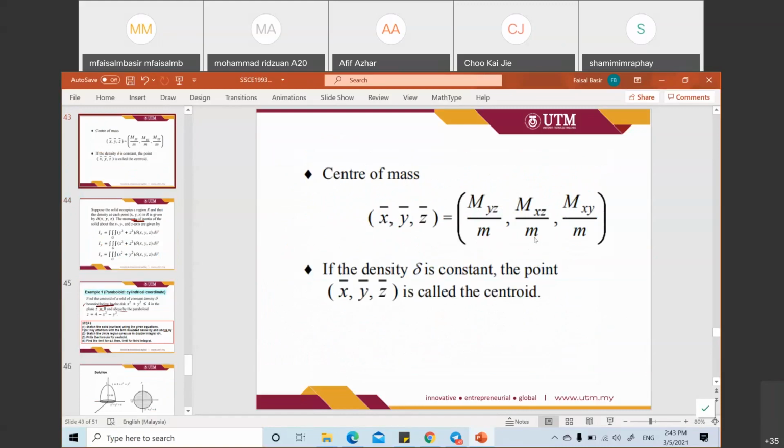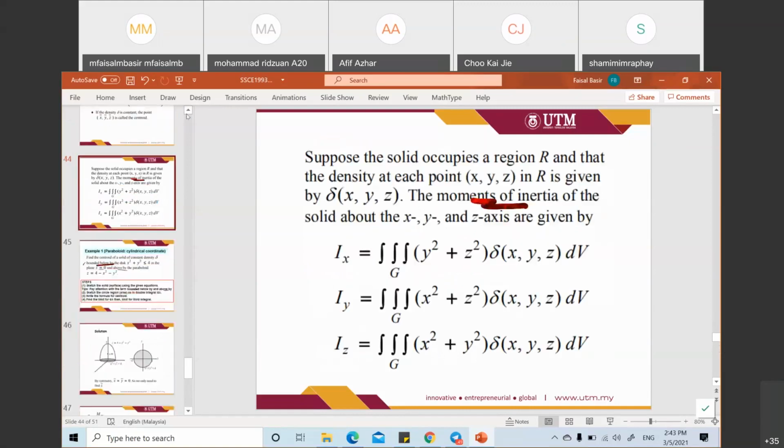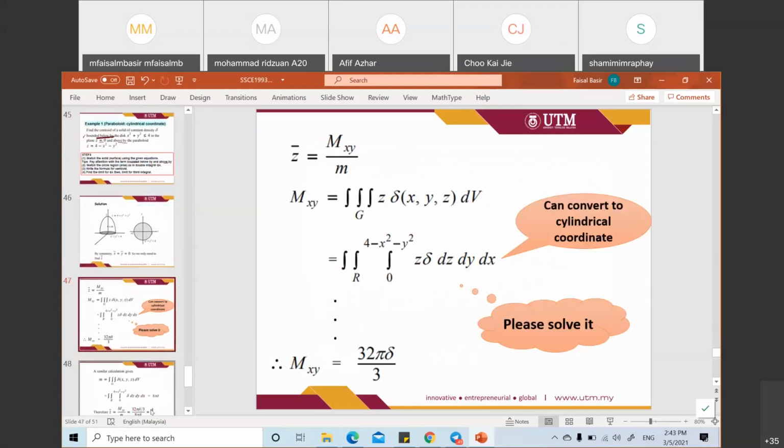You just need to find Mxy. If you have to find all, it becomes more tedious work. They have made it simpler for you, so x bar and y bar are 0. If you want to find them, you also get 0. So we just focus on Mxy. The Mxy formula will be the triple integral of z, because z is missing here, with density function 1, dV.